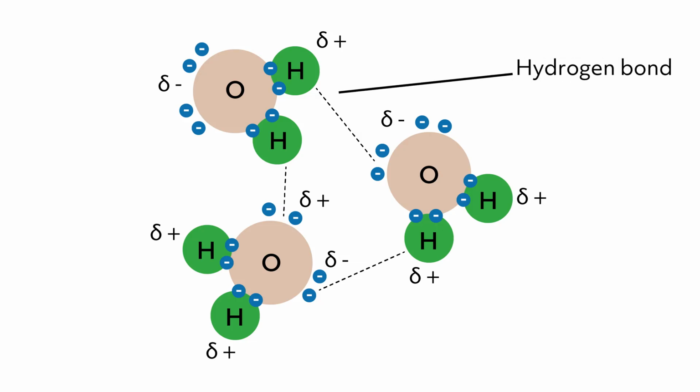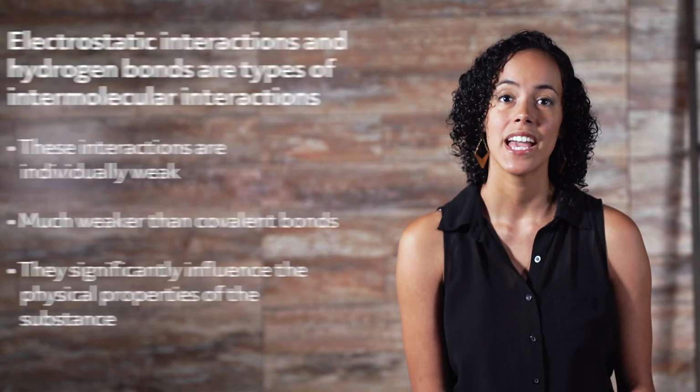This leads to the formation of hydrogen bonds, an interaction between a partially positive hydrogen and the lone pair of a partially negative acceptor, in this case, oxygen. Because oxygen has 2 lone pairs, each oxygen can hydrogen bond with 2 hydrogens. Thus, each water molecule can have up to 4 hydrogen bonds, resulting in a highly interconnected web.